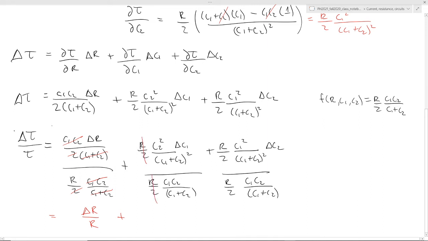Here, a bunch of stuff would cancel. This would cancel. We would lose that factor. We would lose one of those. And so this looks like we would have C2 over C1 times delta C1 all over C1 plus C2.